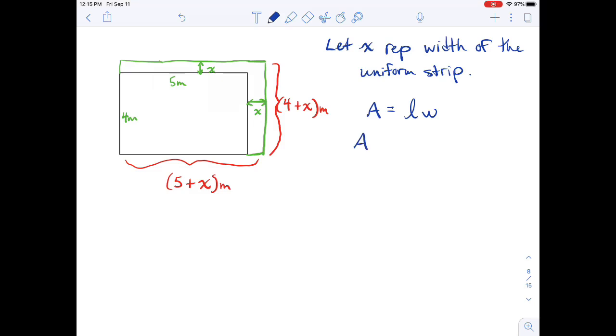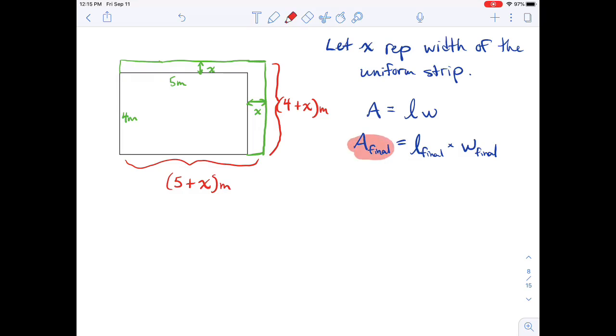So really, we want to create a formula that involves the final area and relates it to the final length and the final width. And by final length and final width, by that I mean the 5 plus x and the 4 plus x that we just defined previously.